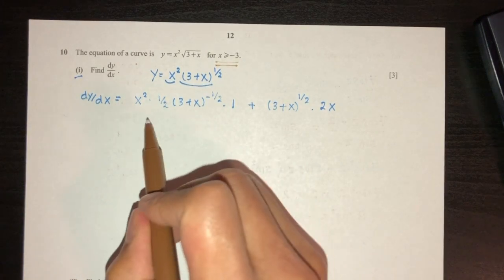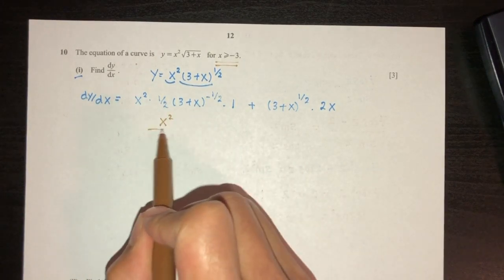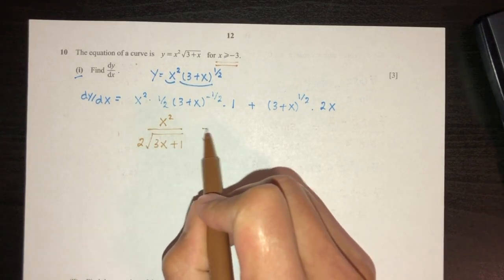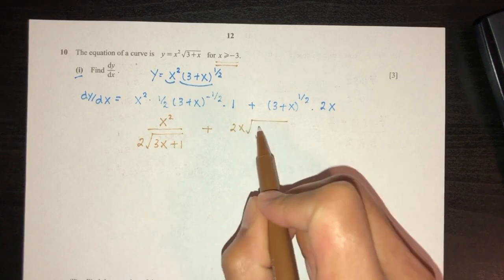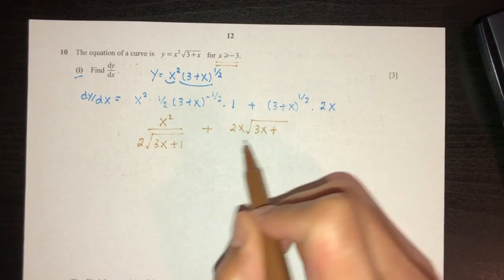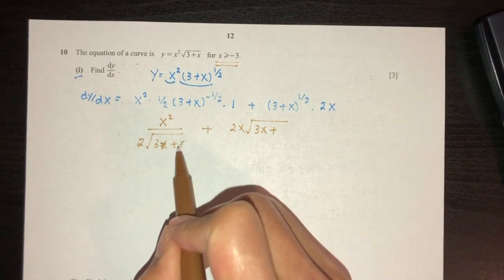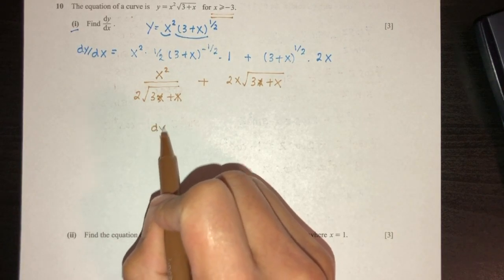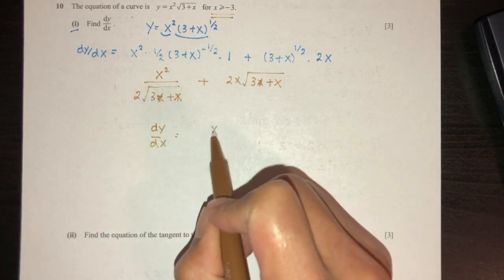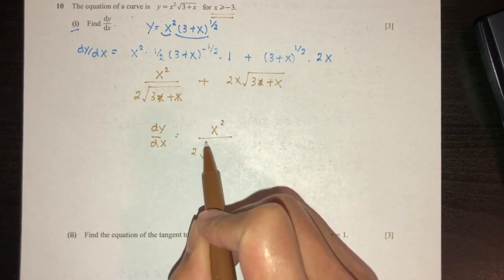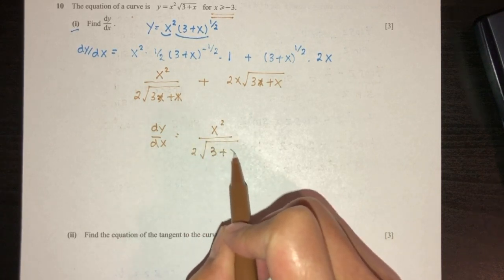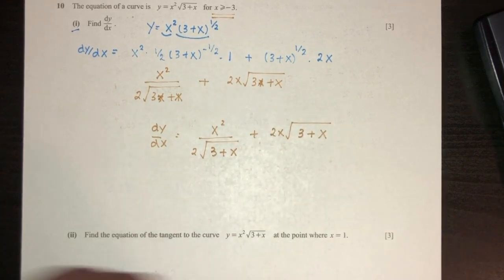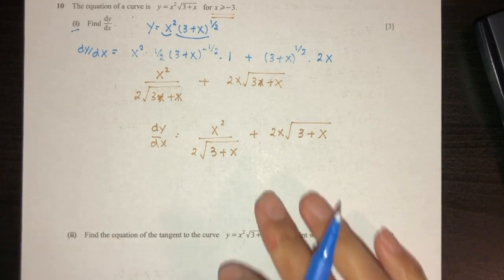This will become x squared will be on top, divided by 2 root of 3 plus x, and then we have to write plus 2x root of 3 plus x. Sorry, it's not 3x, it's 3 plus x, my bad. So let me rewrite this down. Basically, dy by dx will be x squared over 2 root of 3 plus x plus 2x root 3 plus x. That is part 1 of the question.